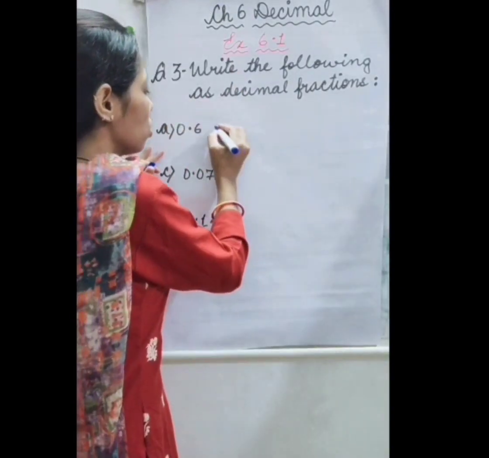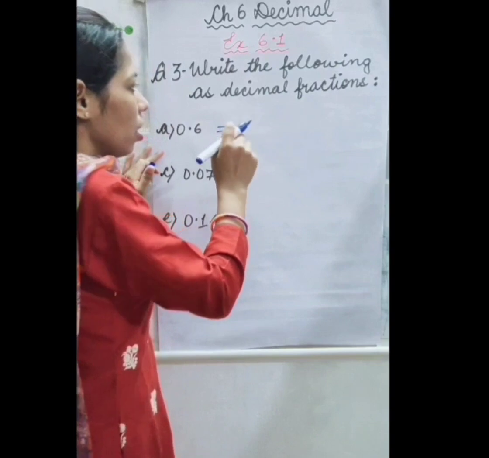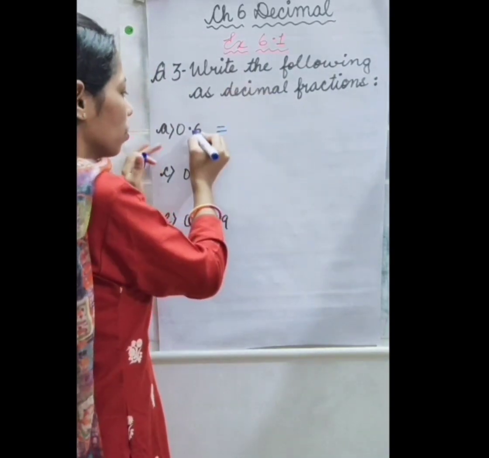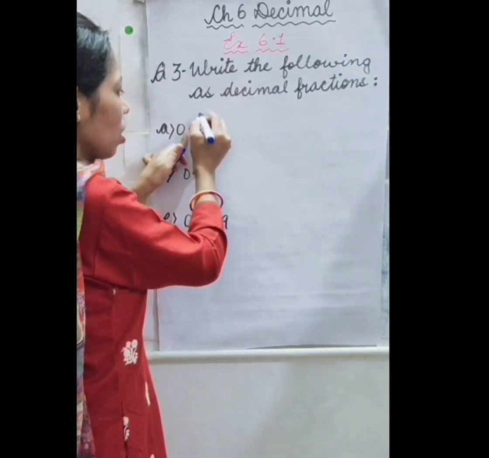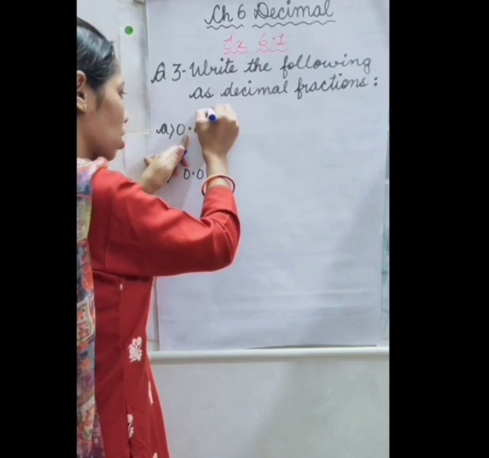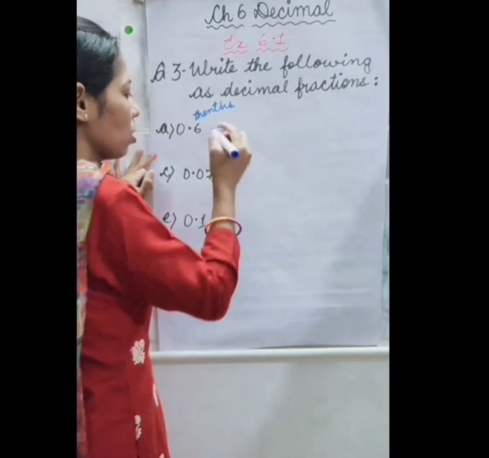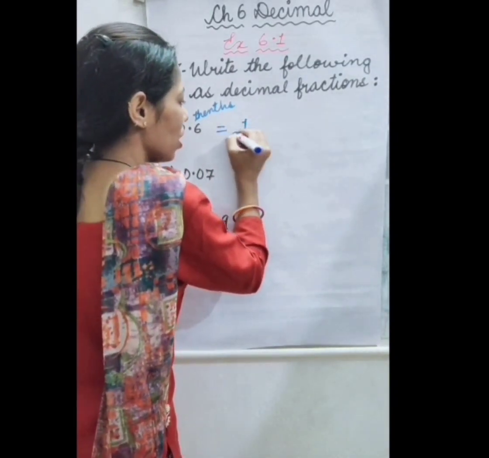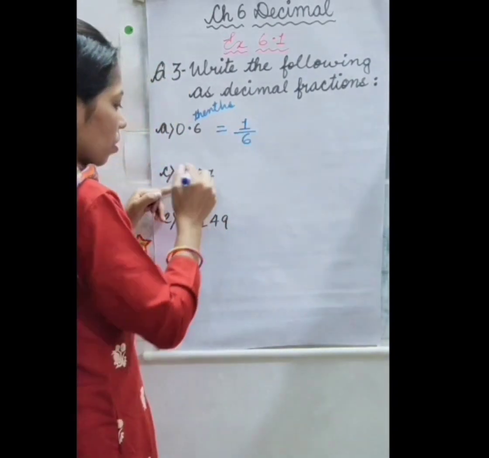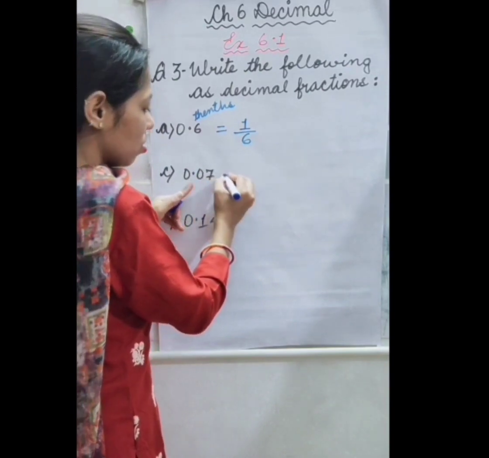We have to change this 0.6 into fraction. As after this decimal, it is in tens place, so in the form of fraction how will we write it? 6 by 10.